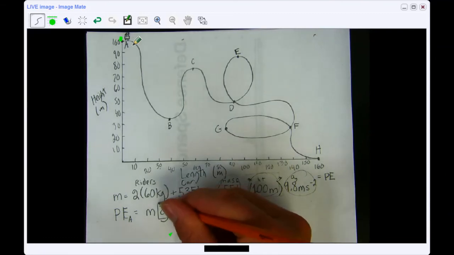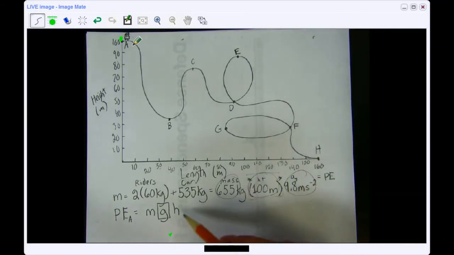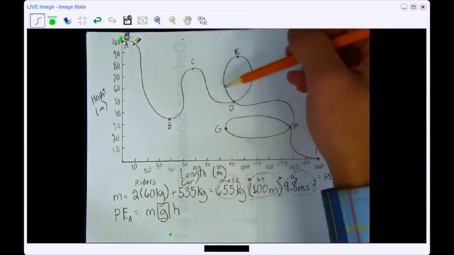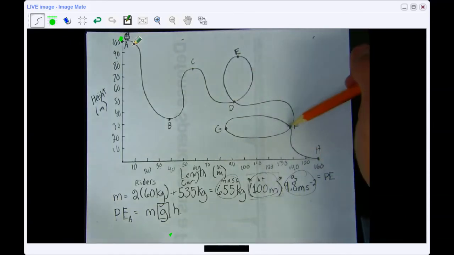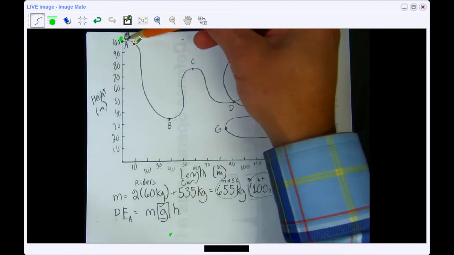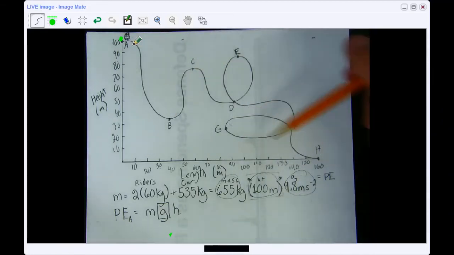Acceleration due to gravity will always be this number. The height will change as the height of the roller coaster car changes. The mass won't change once you figure out what it is, unless you are losing riders, which is a no-no.